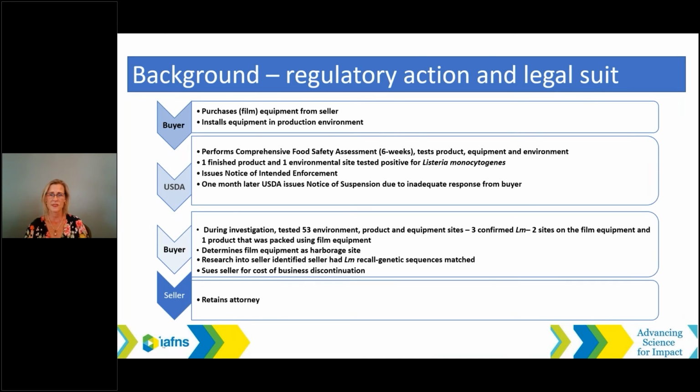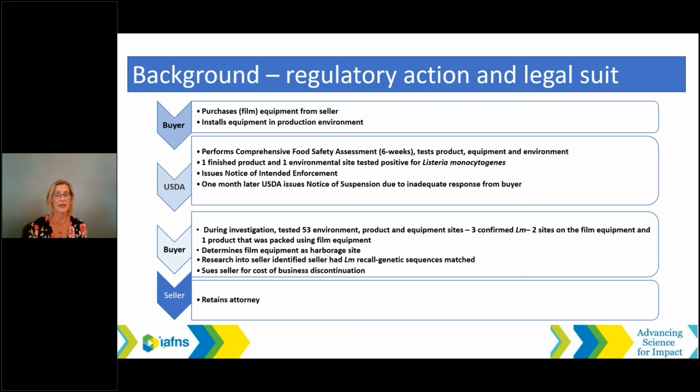Within that assessment, they tested product, equipment, and the environment for listeria. The results were that one finished product and one environmental site tested positive for LM.